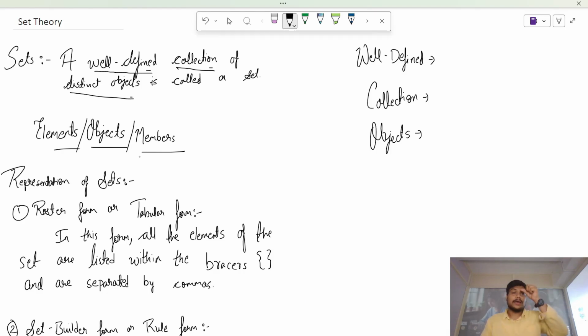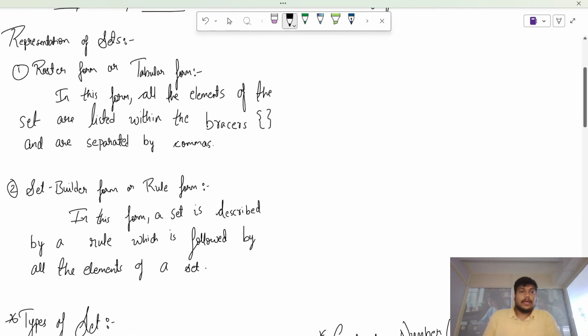Next thing is representation of a set. Whenever I am talking about a set, I have to use a certain notation to represent it. That is, I have to write it in curly brackets, list out the elements and separate them with commas.